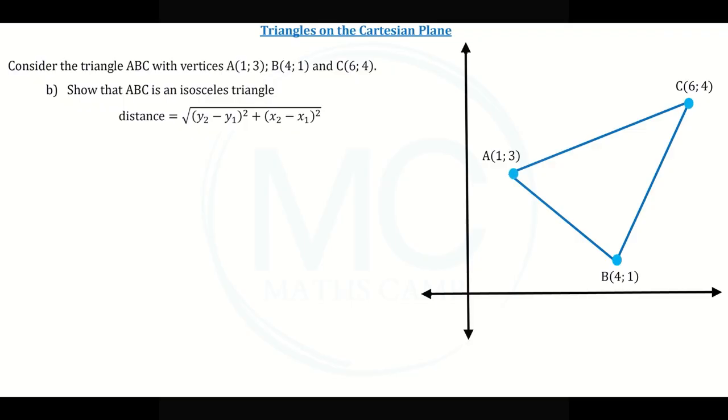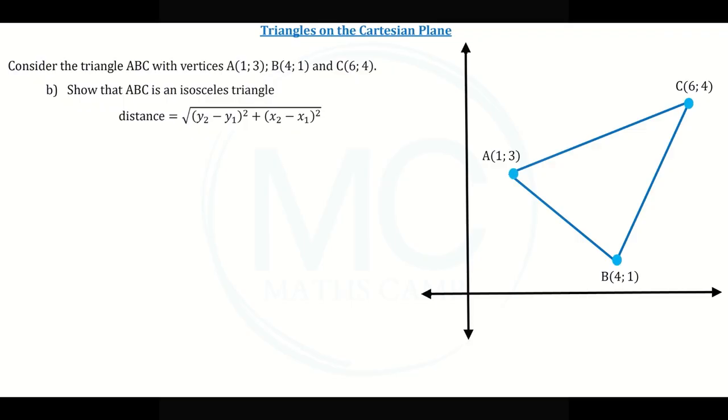Distance is equal to the square root of (y2 minus y1) squared plus (x2 minus x1) squared, where x1 and y1 are the coordinates of one point, and x2 and y2 are the coordinates of a second point.